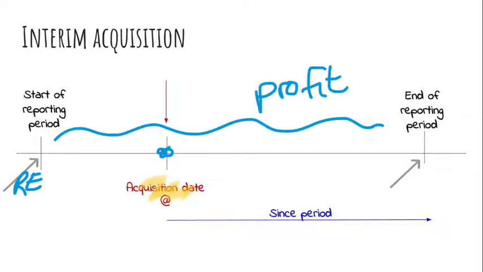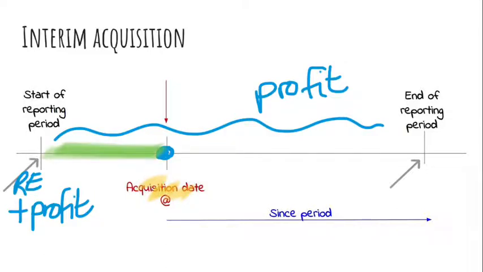So to help you to get to the retained earnings at acquisition date, you need to reconstruct this information. You need to add to this opening balance retained earnings the profit of the subsidiary specifically relating to this pre-acquisition period. Because everything in the pre-acquisition period forms part of the equity of the subsidiary that's not allowed in the group, so it has to eliminate.